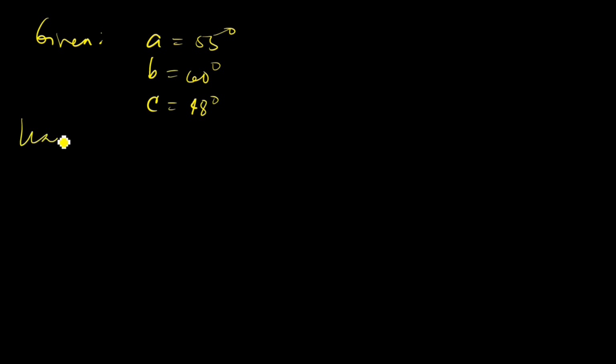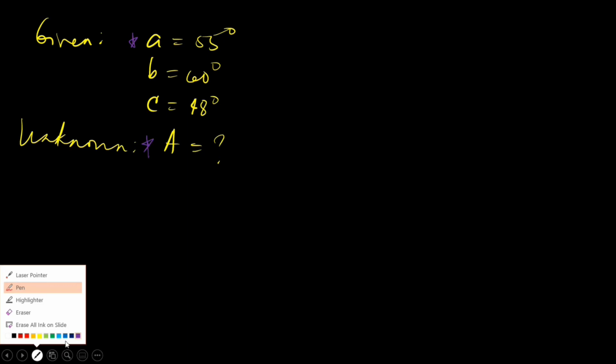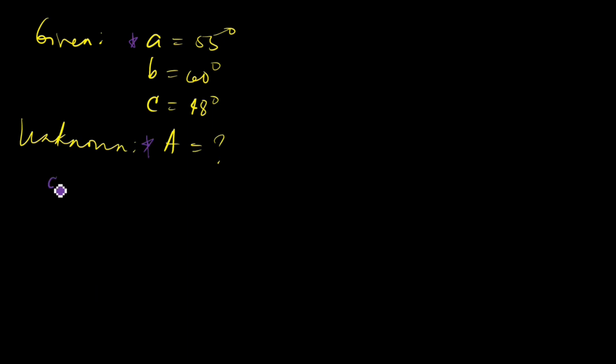The unknown is big A. Considering the small a and the big A, we have the formula: cos of small a equals, on the right side, cos, cos, sine, sine, then cos again.